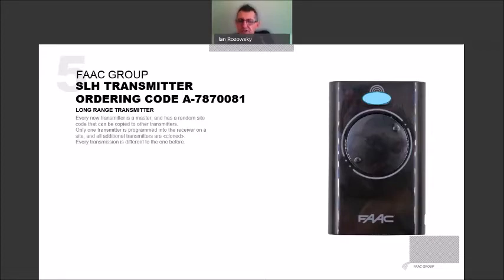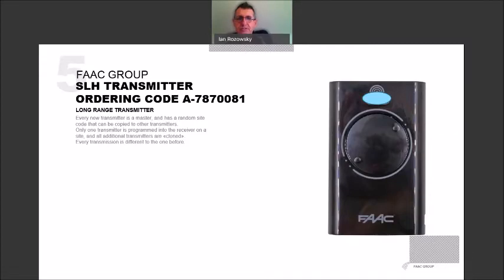So only one transmitter is ever programmed into the receiver on a site. And that receiver then takes on the site code of that master transmitter. And then all additional transmitters are cloned from that master. So in other words, the site code is effectively copied from that master remote to all the new remotes, which then contain that same site code and therefore operate the receiver.